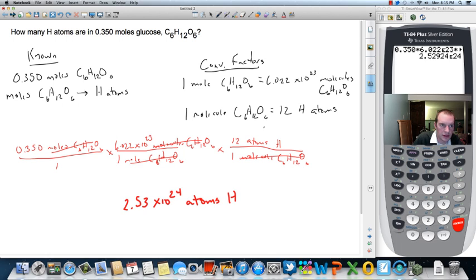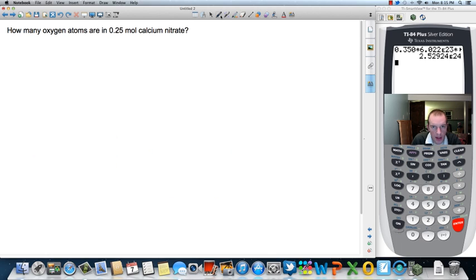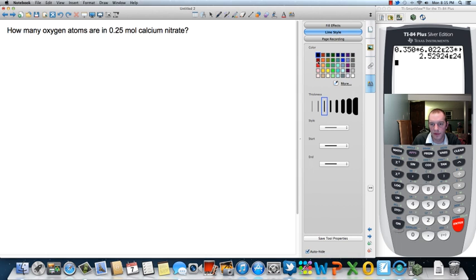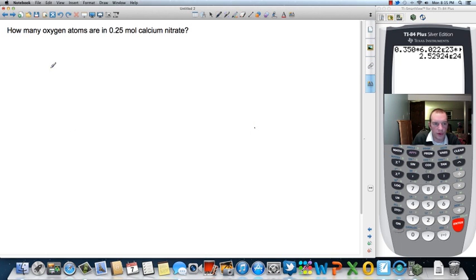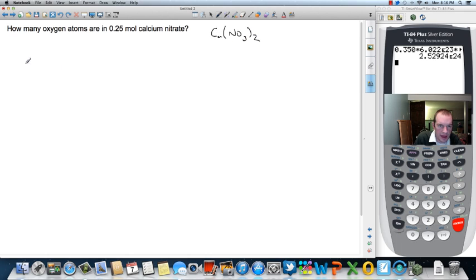All right, let's take a look at another example. We want to know how many oxygen atoms are in 0.25 moles of calcium nitrate. Well, the first thing we need is the formula for calcium nitrate. So you should remember Ca(NO3)2. So how many oxygen atoms are in that situation?